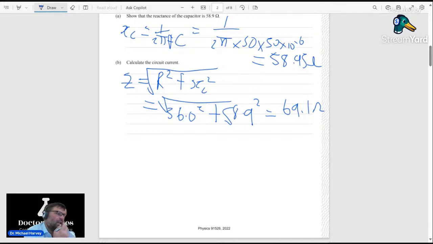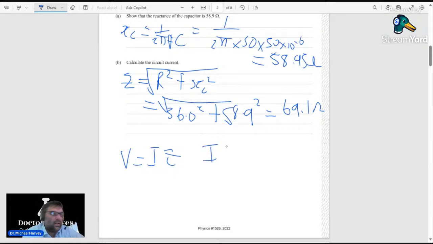So that gets you the impedance, but V equals IZ, which is analogous to V equals IR for a DC circuit. You just have to rearrange it. So what are we trying to find out? The current.